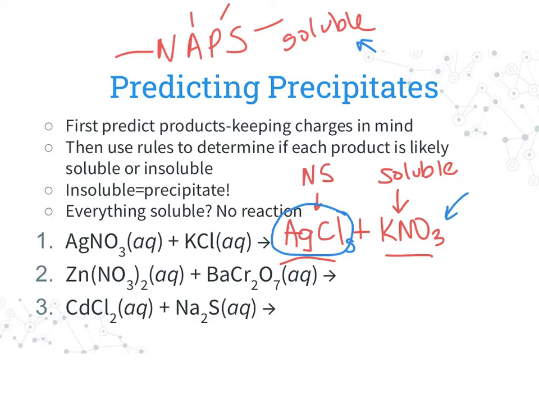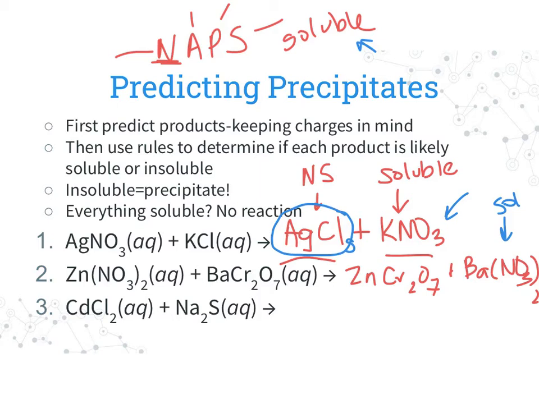So this was zinc plus Ba(NO3)2. Again, nitrate, which is NO3, is one of our NAPS, which means that this one is soluble. So if you ever see NO3, it's always soluble.